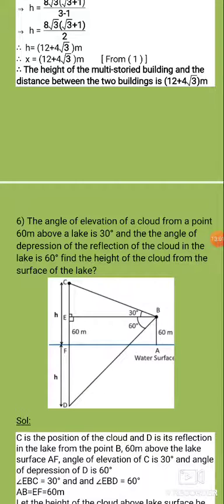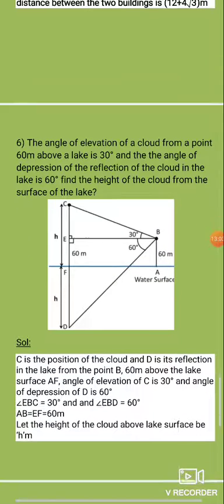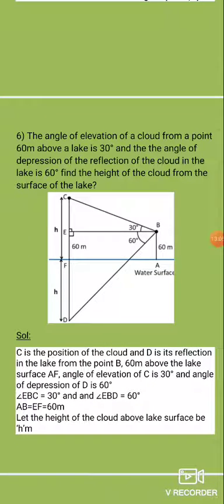The solution: C is the position of the cloud and D is its reflection in the lake from the point B, which is 60 meter above the surface. AF is the lake surface. Angle of elevation of C is 30 degree and angle of depression of D is 60 degree.